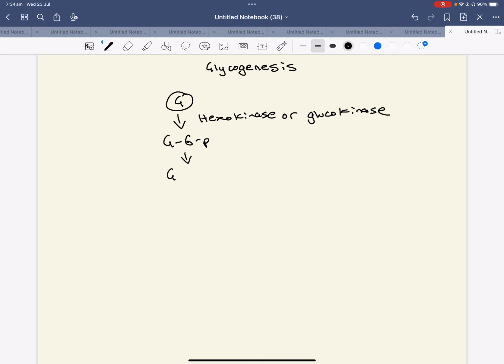Then we rearrange it. So I just want to mention, we've got glucose here. Let me draw up glucose for you. What we've done here is all we've done is add a phosphate.